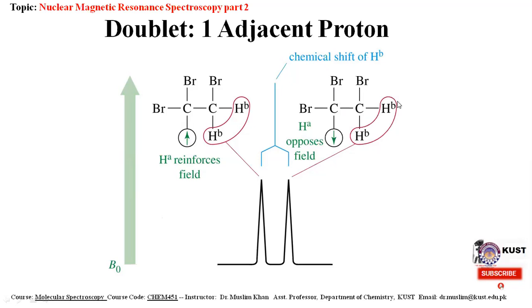In the other case it opposes, and when it opposes it is more upfield. That's why the signal for these two hydrogens is split into a doublet by the adjacent proton.